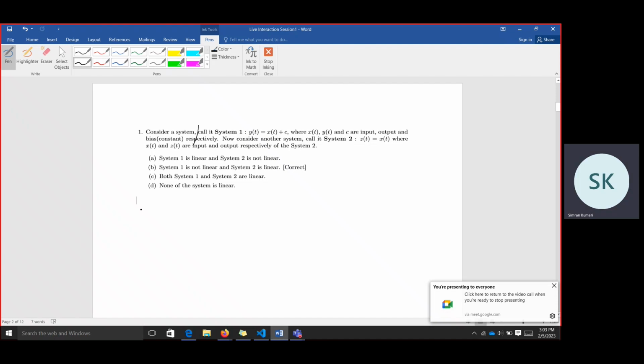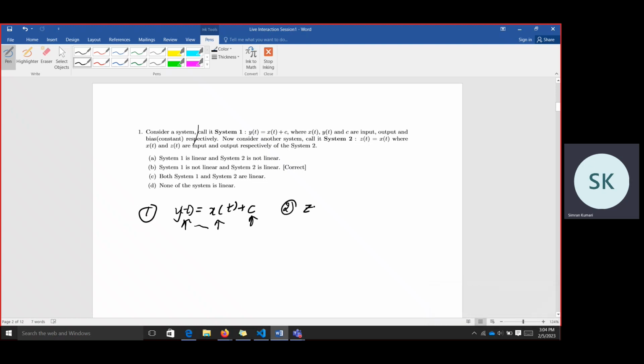System one that we have is y(t) equal to x(t) plus c, where x is the input, c is bias, and y is the output. And system 2 that we are having is z(t) equal to x(t). So x(t) is simply the input and z(t) is the output.